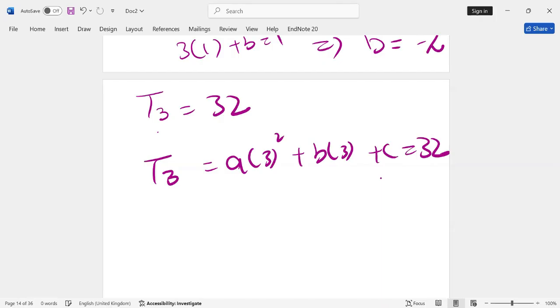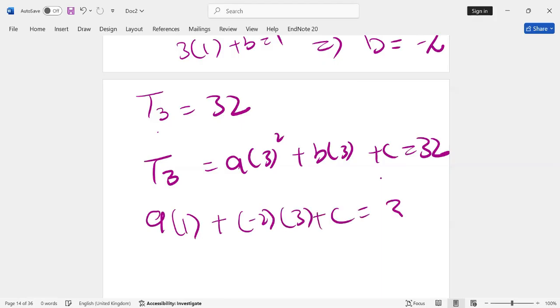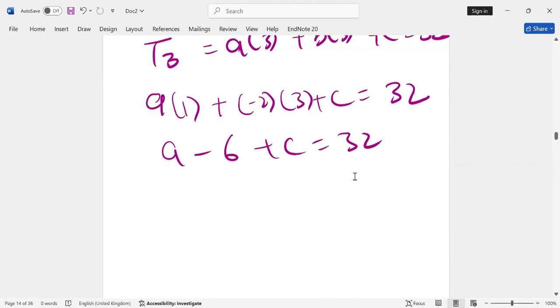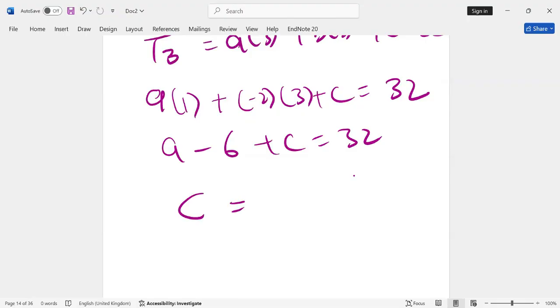I'm just putting in the values: 9 into 1 plus minus 2 into 3 plus c equals 32, so 9 minus 6 plus c equals 32, and we have the value of c equals 32 minus 3, c equals 29.